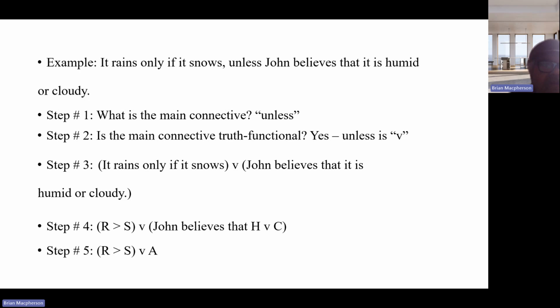So in step 3, I translate the main connective and then I put everything else in parentheses. Step 4, I translate it rains only if it snows according to the idiom, as R then S. Now all that I have to translate is John believes that H or C. Well, believes that is the main connective, and that's always translated as an atomic letter. So we get parentheses, R then S, parentheses, or A.